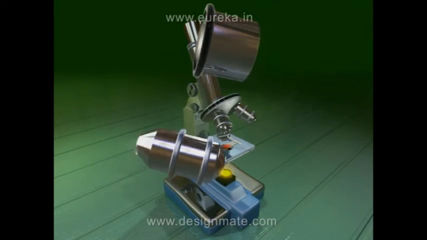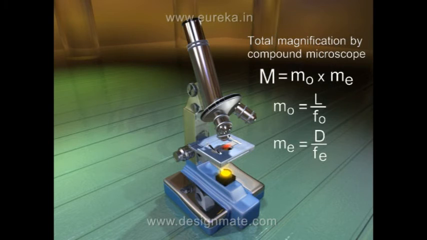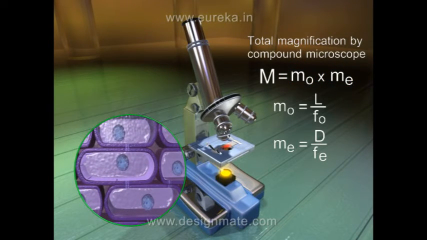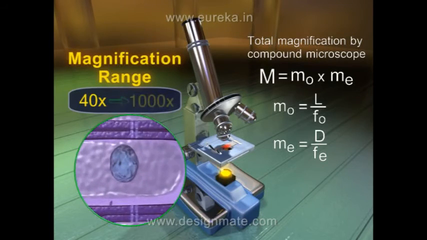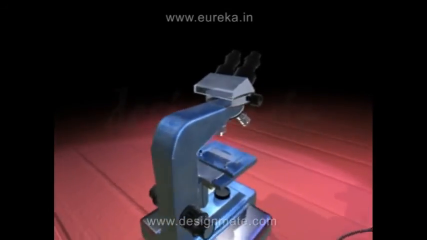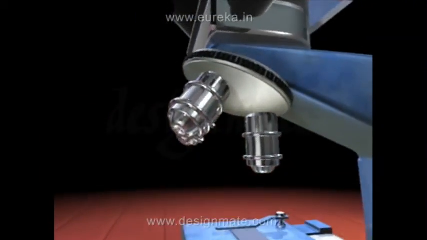We can also say that the magnification of a compound microscope is the product of the magnification power of the eyepiece and the objective lens being used. The compound microscope typically has a total magnification range of about 40 to 1000x. Modern compound microscopes are usually more complex with multiple lens components in both objective and eyepiece assemblies.